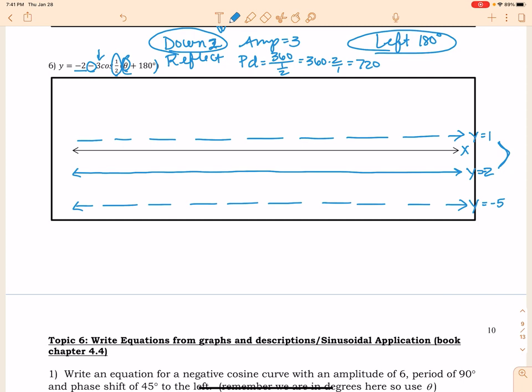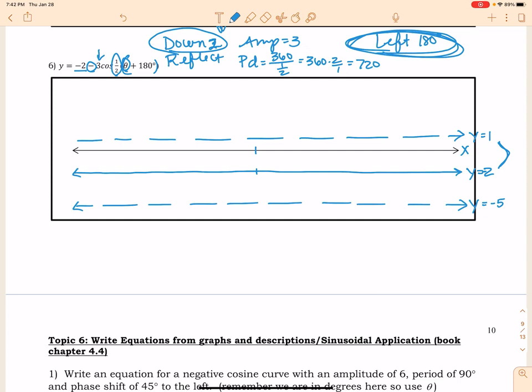Excellent. Okay, so the next thing we're going to do is mark on our x-axis our center point where we're starting. And we're going to mark that on the center of my graph as well. And then I'm looking at the fact that I'm starting at left 180. So left 180 would imply -180 because it's to the left of 0.